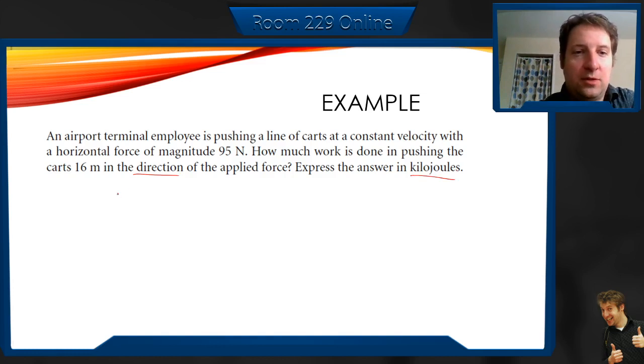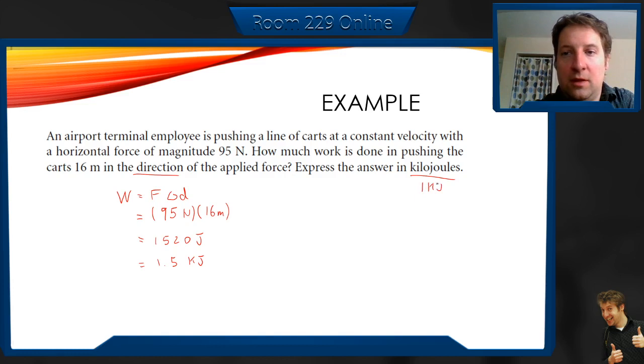So let's write this down. Work is equal to force times the displacement, right? That's the equation I just gave you. So it's equal to, what's the force? That's 95 newtons multiplied by 16 meters, which is 1,520 joules, or 1.5 kilojoules. 1 kilojoule is 1,000 joules.